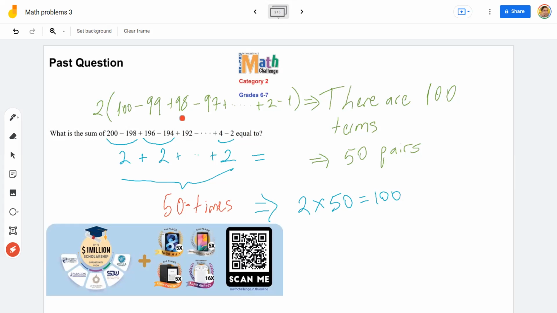But we cannot say that there are 100 2s, because each 2 comes from 2 numbers, a pair. If there are 100 numbers, how many pairs do we have? We have 50 pairs, which means 50 2s. 2 times 50, the result will be 100.